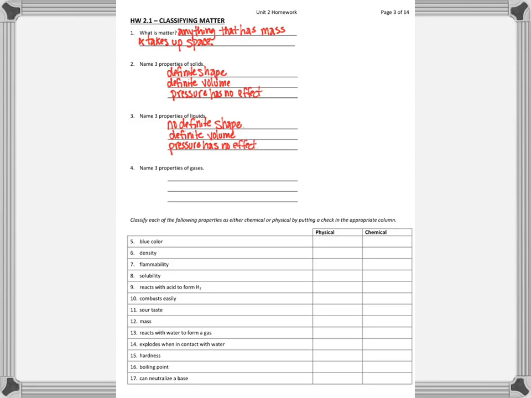Okay. Now we go to gases, okay? Gases, again, they're similar to liquids in the fact that they don't have a definite shape. Now, gases are different from liquids and solids because gases can be compressed, and also gases will take up as much space as they can.